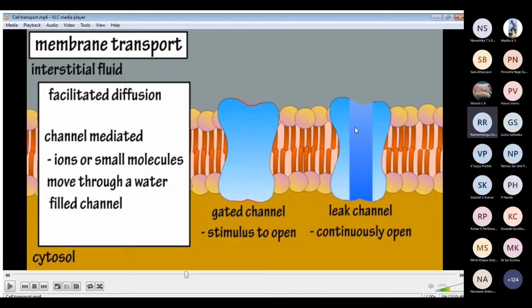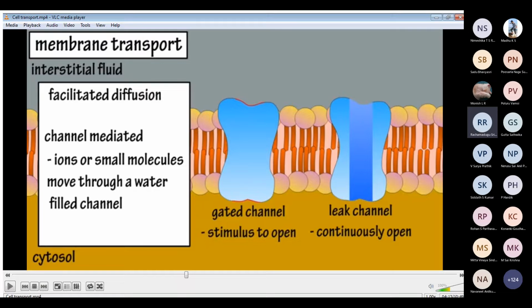Leak channels means it's a kind of protein which will allow the flow always, it will be open always. But the same type, if it has a small gate, and the gate will open only when it receives a message, when it receives a stimulus, then that kind of channel will be called a gated channel.